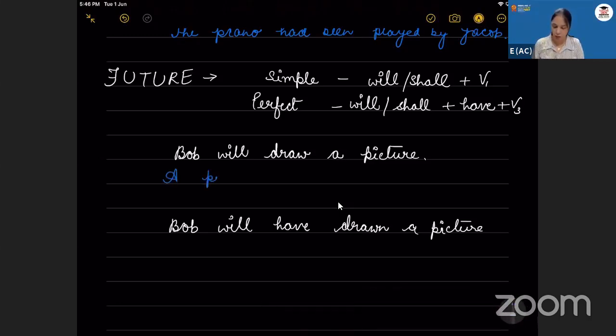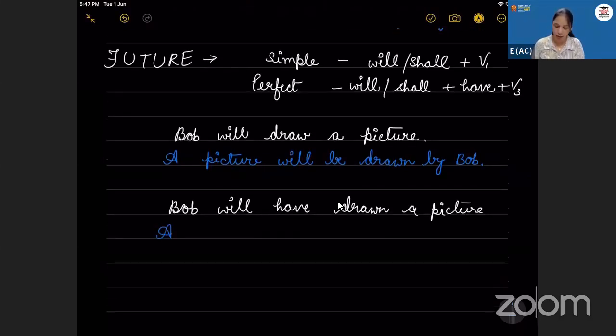Very good. A picture will be drawn by Bob. Perfect. Next, who is telling? Hriday. A picture will have been drawn by Bob.